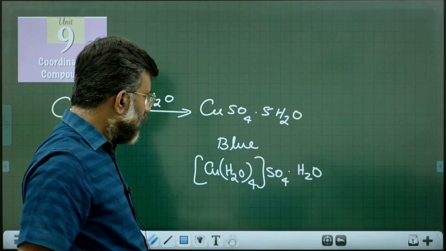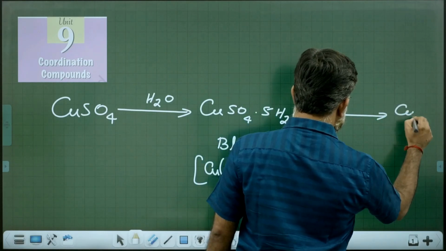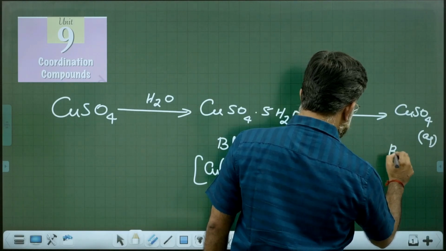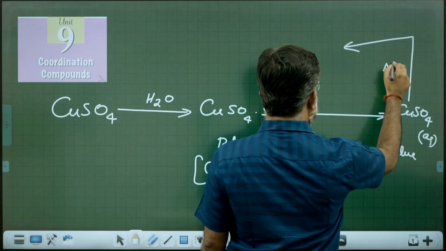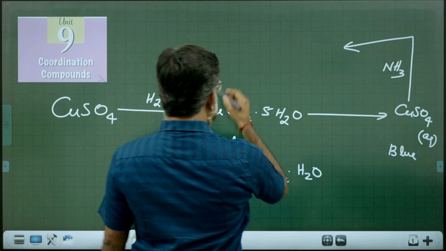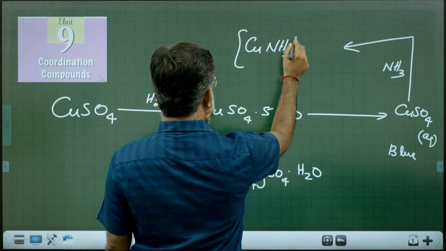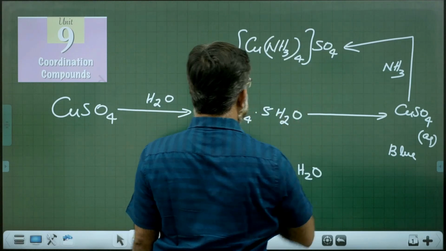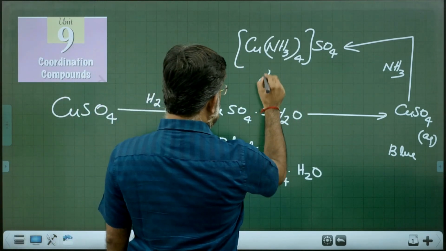Right? And now subsequently, the aqueous solution of copper sulfate, which again is blue in color, imagine this is treated with ammonia. You will get a deep blue colored complex. That is cuprammonium sulfate, which is deep blue in color.